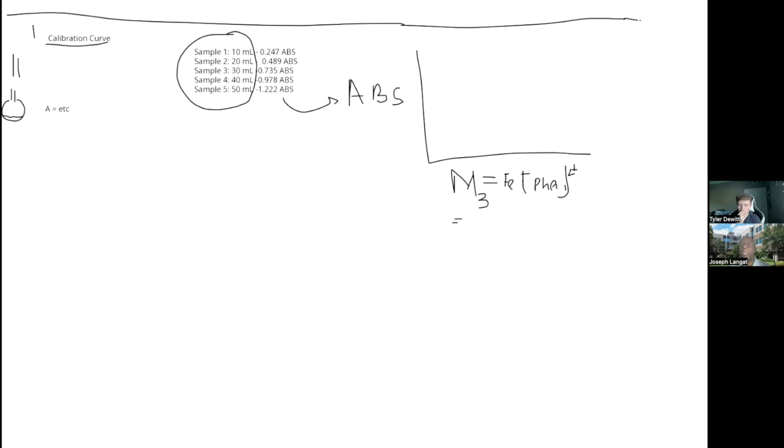We use the dilution law: M2 V2 equals M3 V3. By this time, you know M2 from the previous calculation, right?